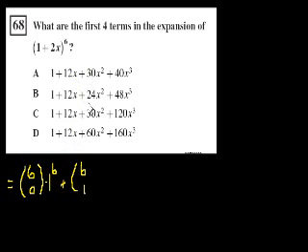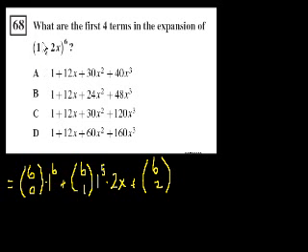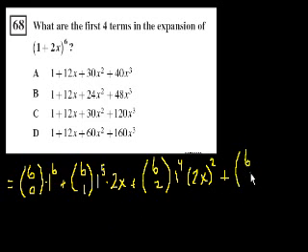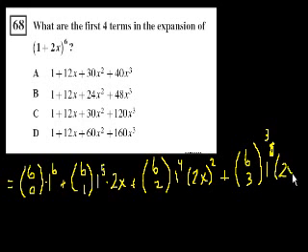And actually, we'll probably just have to figure out the third term because that's the only time where they start to change. 6 choose 1 times 1 to the 5th power times 2x to the first power, plus 6 choose 2 times, I mean, these ones, it doesn't matter what power it is, 1 to the 4th times 2x squared, plus, let's see, they want the first 4, so let's do the last one. 6 choose 3 times 1 to the 3rd. You have to decrement the 1 every time, times 2x to the 3rd.